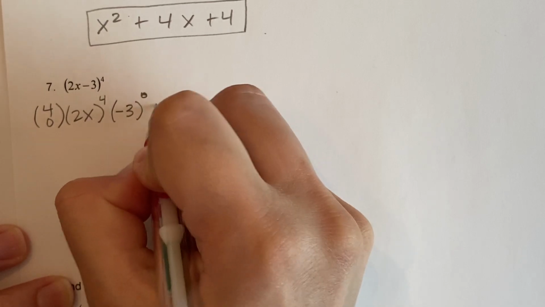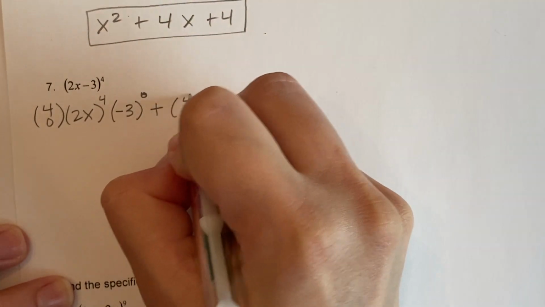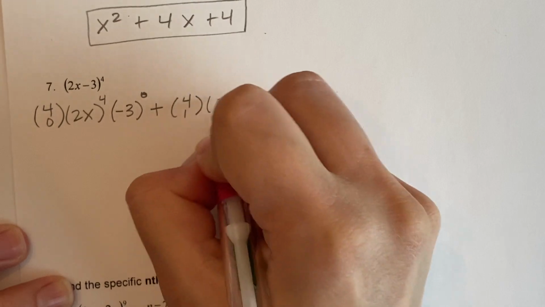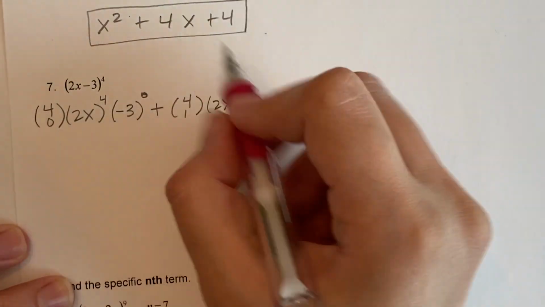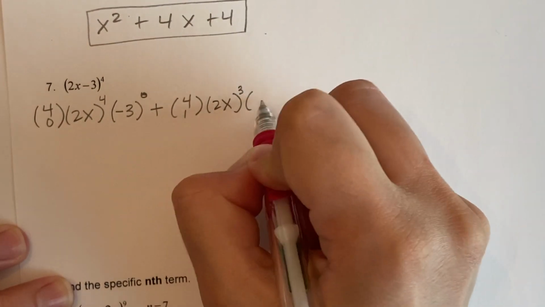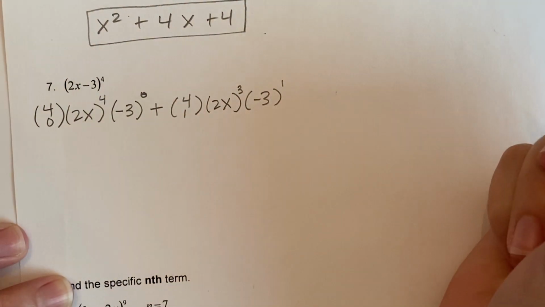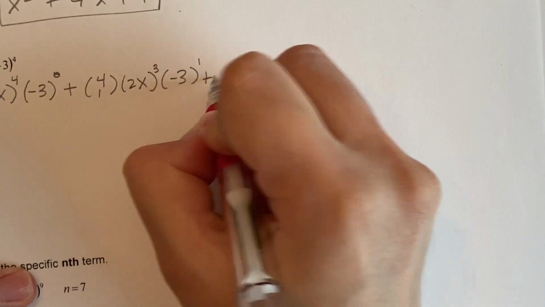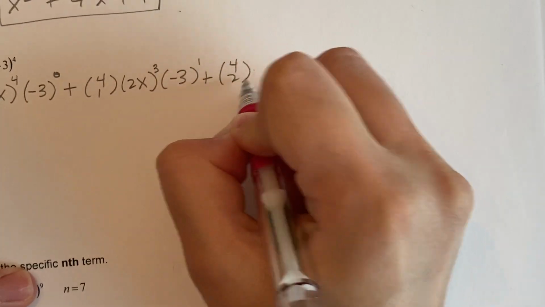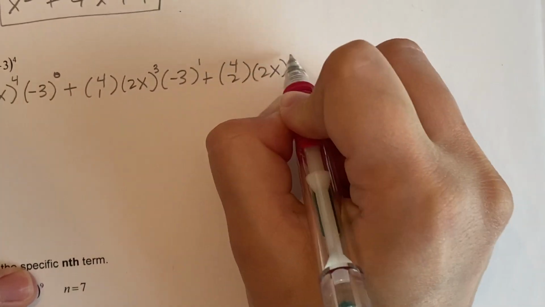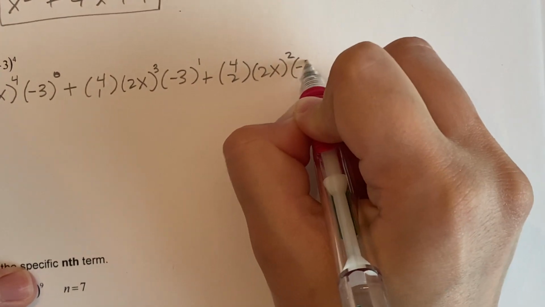Okay? Plus, go to 4, 1. 2x decreases, so 4 goes down to 3. The negative 3 increases, so the 0 goes up to 1. Okay, I'm going to continue this. 4, 2. This decreases.